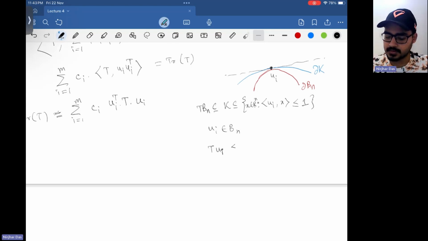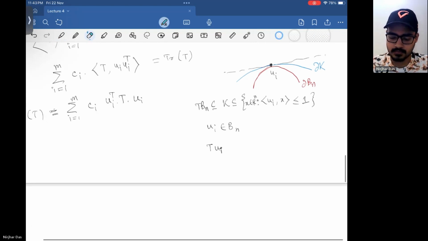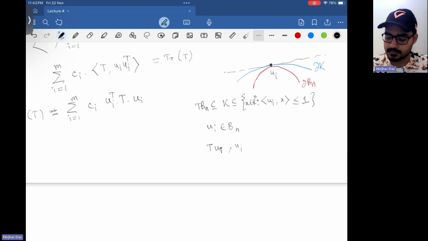This means the inner product of T of ui with ui is less than or equal to 1, which is the same as ui transpose T ui being at most 1.